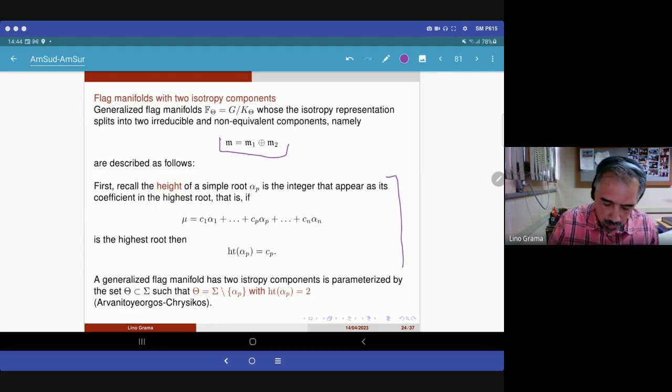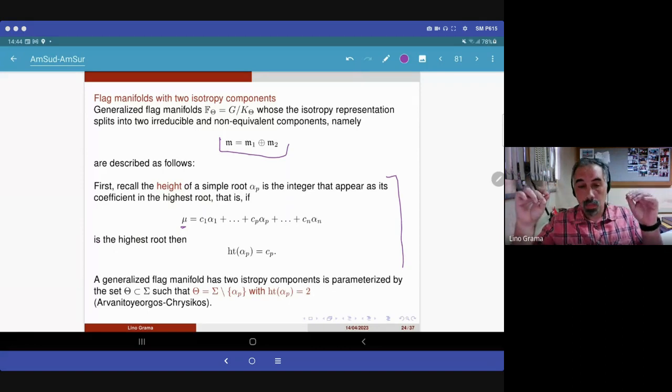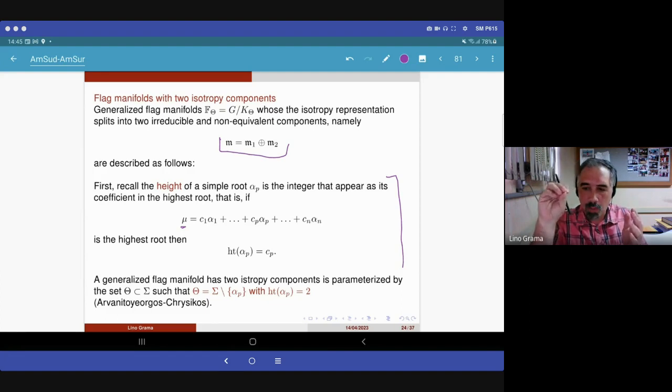Recall the height of a simple root is the integer that appears as the coefficient in the highest root. It is the set where you pick the coefficient c_p of the root alpha_p. And this is all parameterized by Arvanitoyeorgos and Chrysikos.